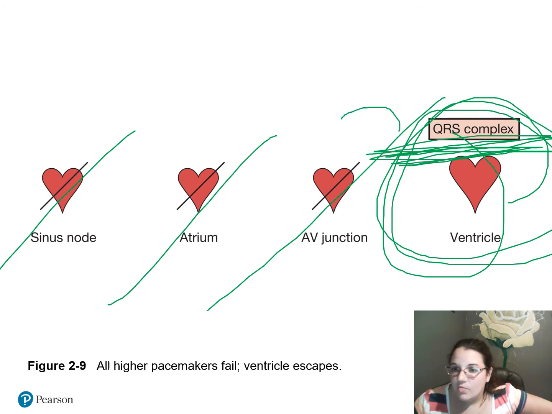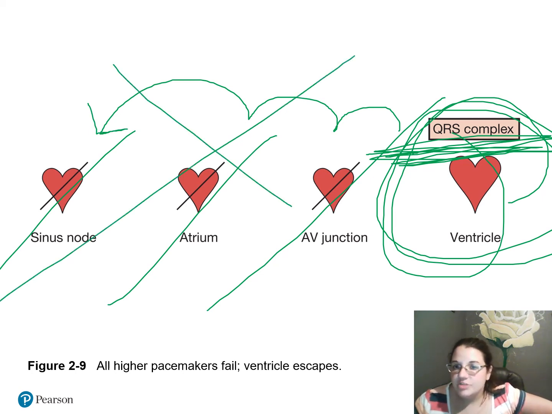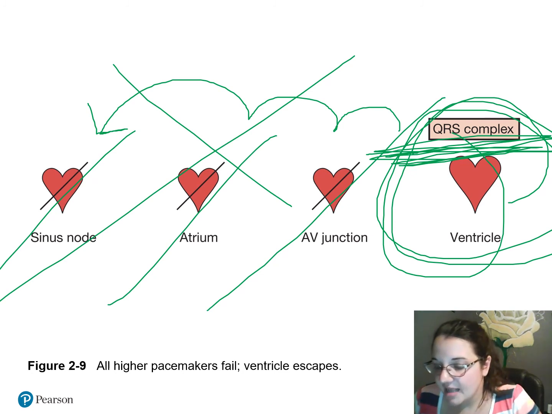And will my atrium get depolarized? No. Which means if a muscle does not get oxygen, it's eventually going to turn black. If you were to stick a rubber band on your finger, at first your finger might turn white or red, then it's going to turn blue, and then it's going to turn black.